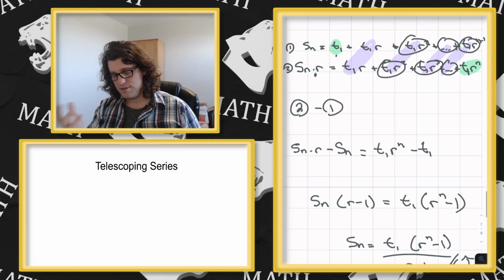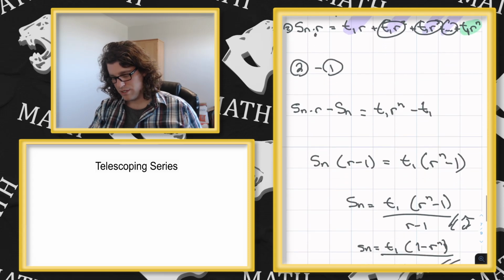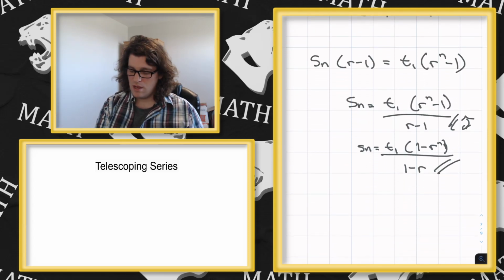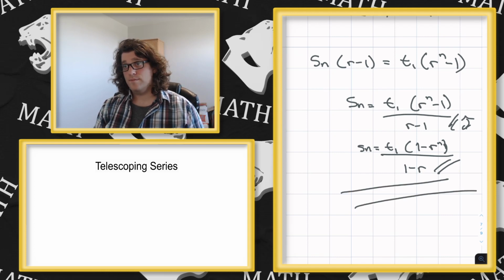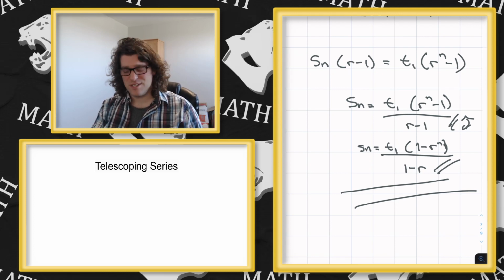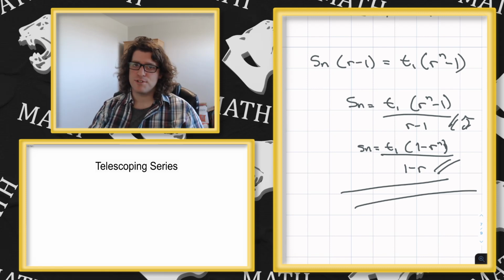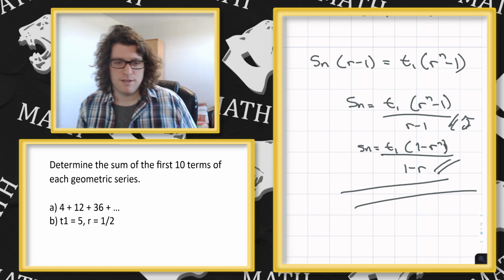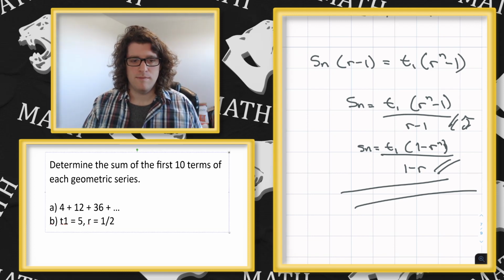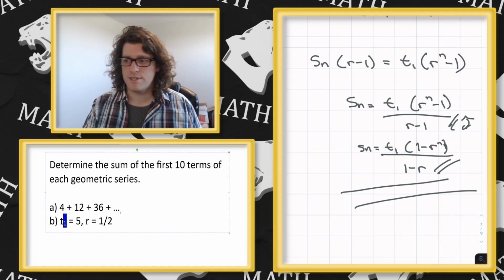And what that allowed us to do, when we subtracted them, was get this really cool little expression, which is the general summation of the geometric sequence, otherwise known as the geometric series partial sum. So we can use that in order to develop solutions to these little sequences or series.